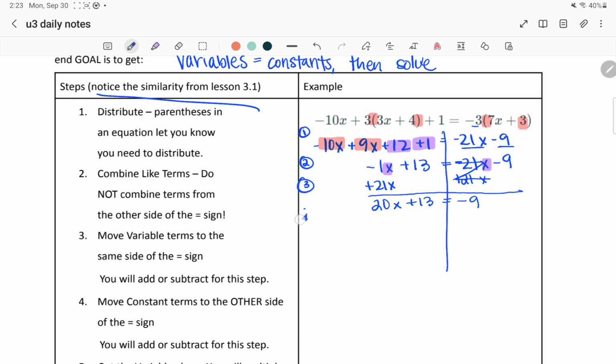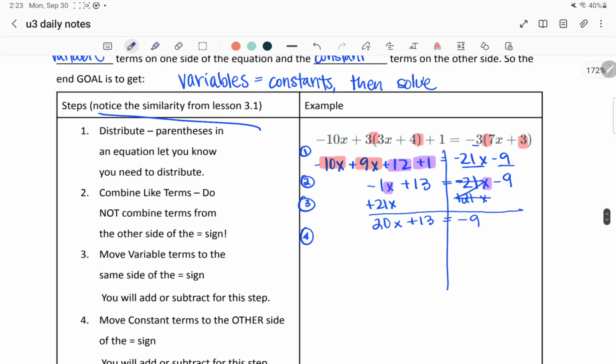Step 4 is I need to move the constant term. So notice I put the x's on my left side. That means I need to move this 13. Because if I move the 9 over here, then I'll have everything on the same side, which is not what I wanted. Remember, I wanted variables equals constants. So I want all my x terms over here. I want all my constant terms over here. So plus 13, that means I'm going to inverse that.